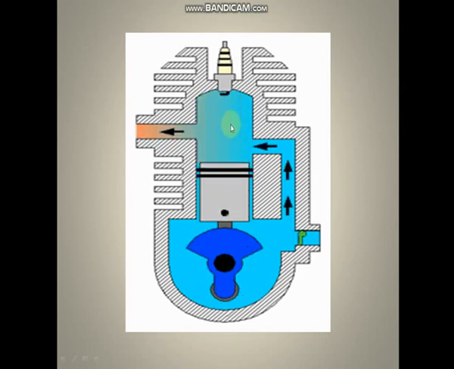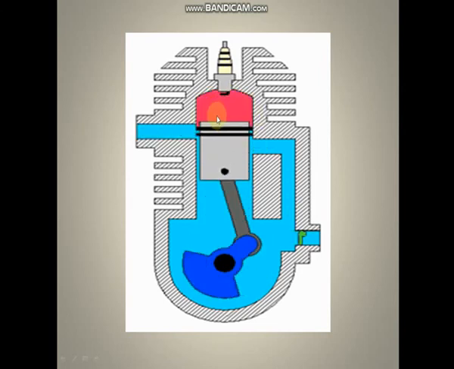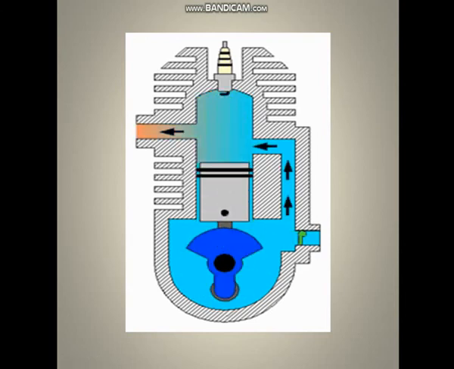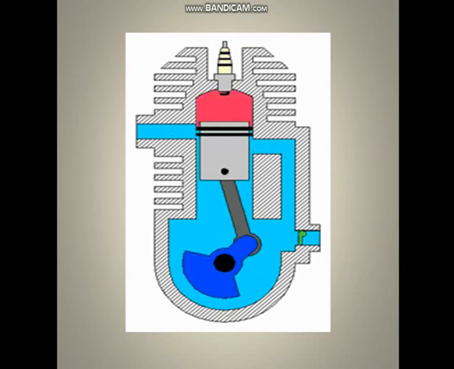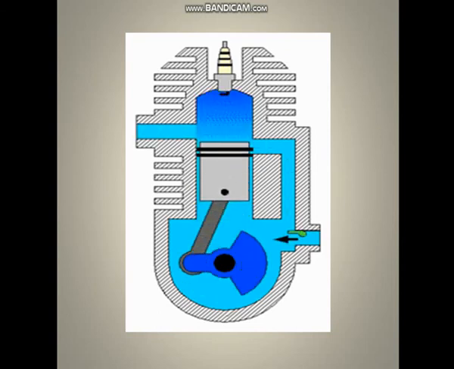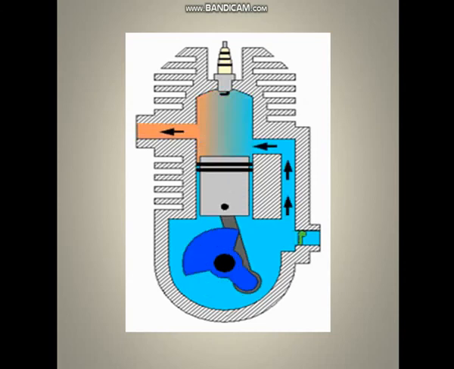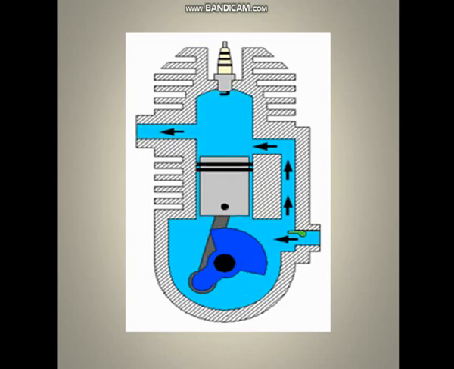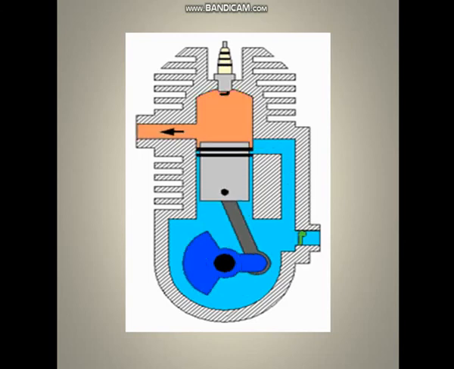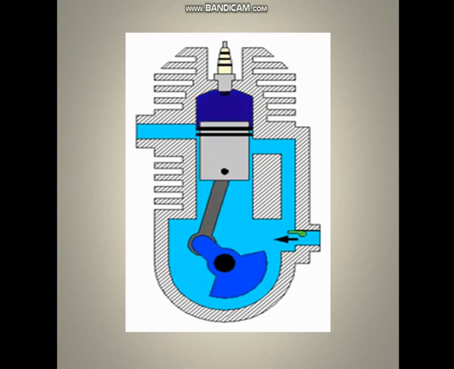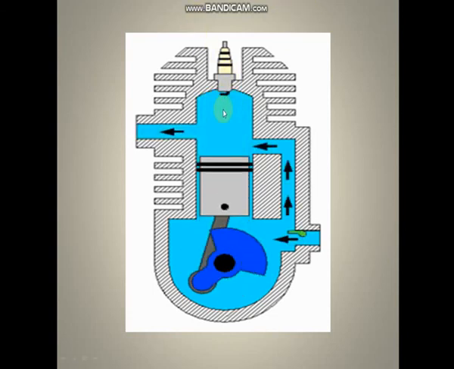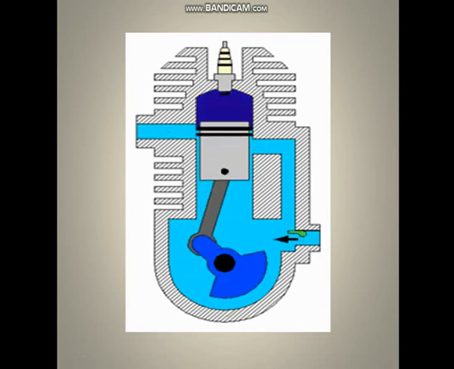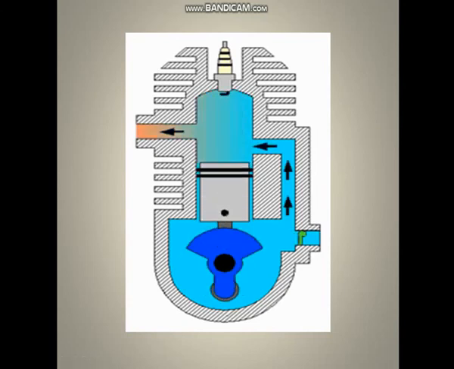And during the compression, that is when the piston is moving towards the top of the cylinder, from BDC to TDC, bottom dead center to top dead center, it will compress the air heavily, and just before the end of the compression process or upward stroke, the fuel will be injected through the injector into this combustion chamber, and a similar thing will happen.